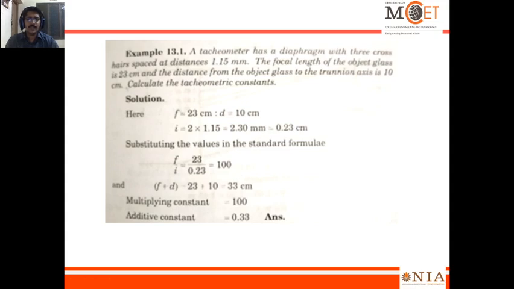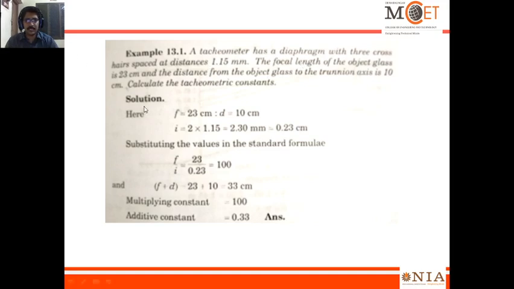So now an example problem. A tachometer has a diaphragm with 3 crosshairs spaced at a distance of 1.15 mm, right? The focal length of the object glass is 23 centimeter. See, the units are different, mm here and centimeter here. And the distance from the object glass to the trunnion axis is 10 centimeter. Calculate the tachometric constant. What was given?